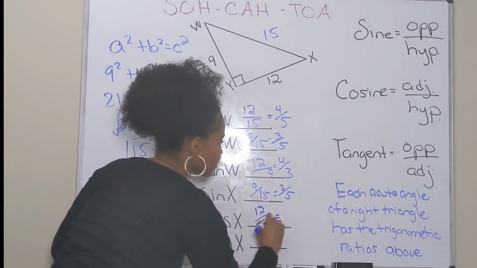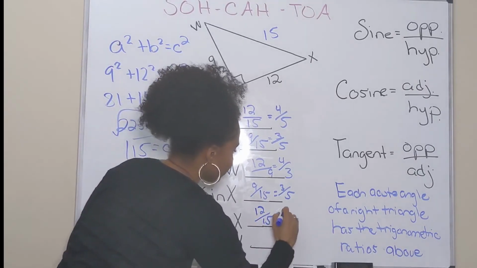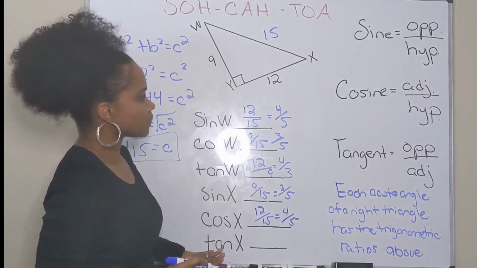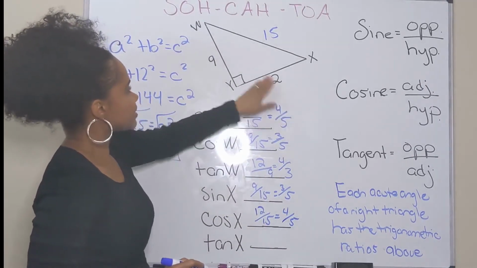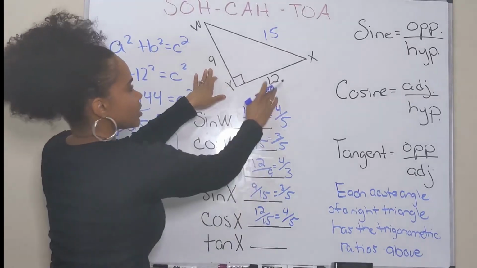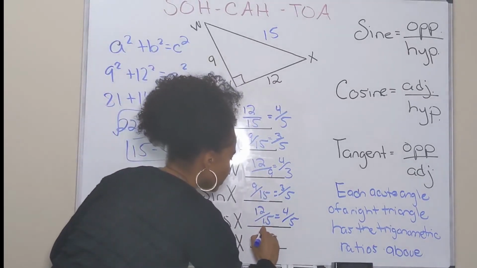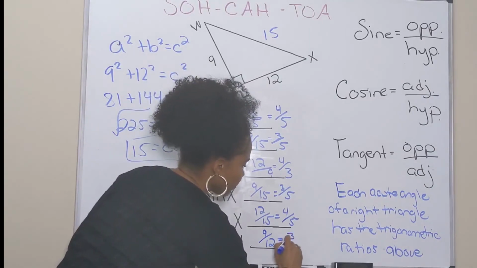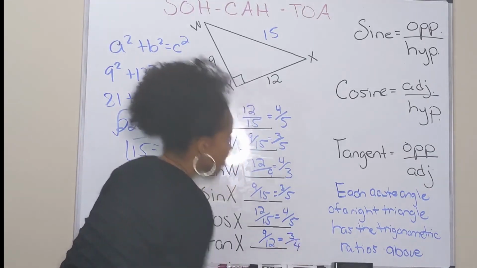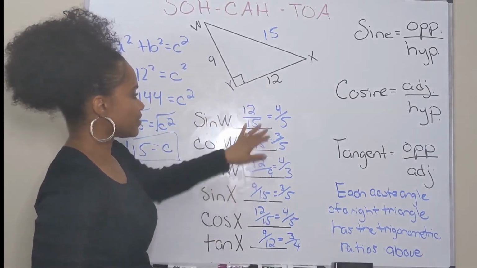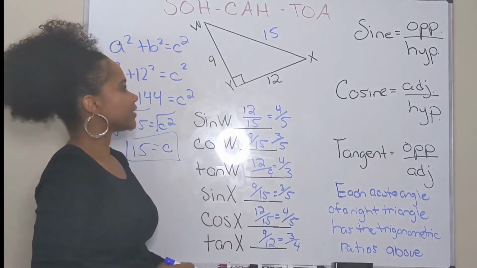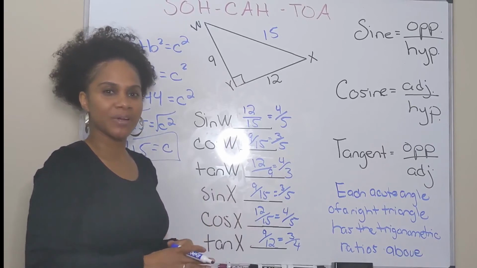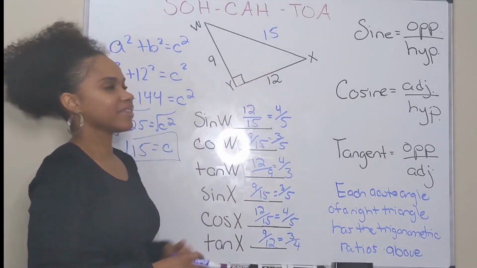I'm going to reduce that to 4/5. And tangent of x, opposite over adjacent, is 9 over 12, and that would be 3/4. So we found the trig ratios of our acute angles of this triangle. Remember, you can use the Pythagorean Theorem if you need to find that third side.